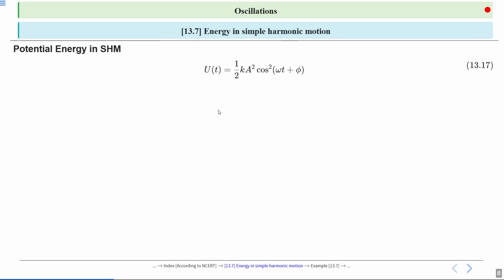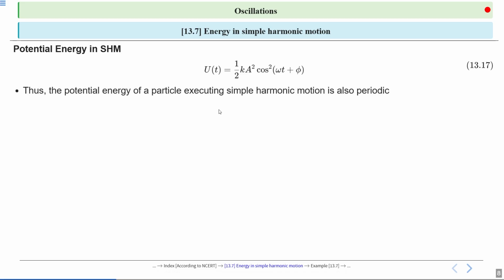Let's look at the potential energy in simple harmonic motion, or SHM. The formula shown here is U of t is equal to 1/2 kA squared cos squared(omega t plus phi). So the potential energy depends on the square of the cosine function, which means it changes as the object moves back and forth.